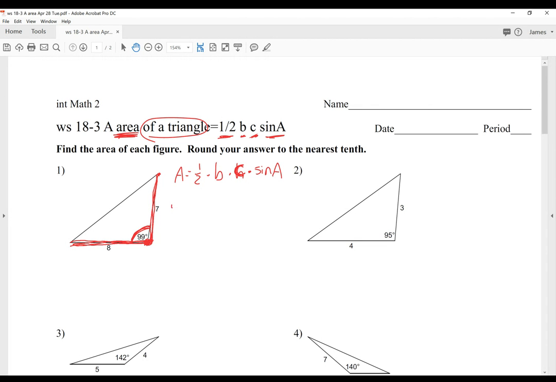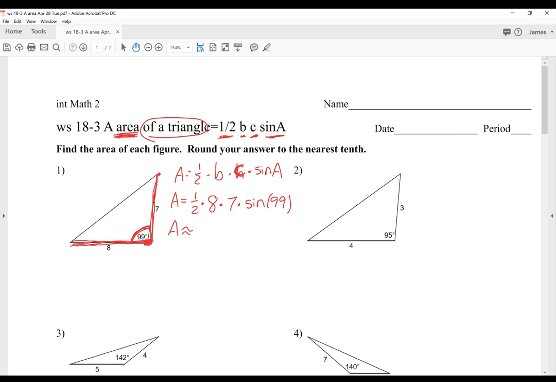Okay, so to find the area, they both have capital A. The first A is area, and the last A is the angle. So to find the area of a triangle, you start with 1/2 times base, which is 8, times another side, 7, times the sine of the angle between the 8 and 7, which happens to be 99 degrees. So you put that into the calculator.